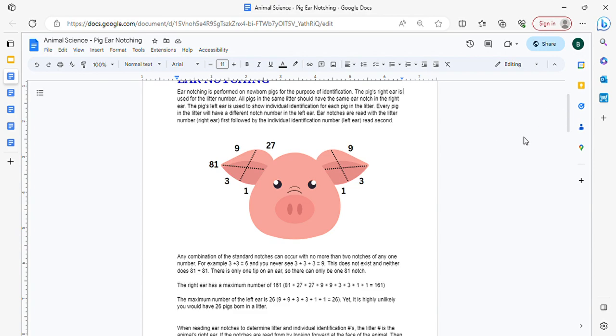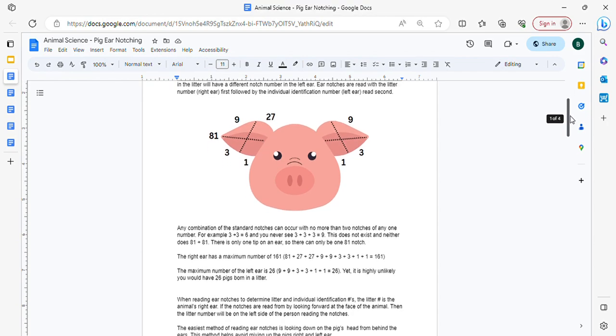There's only one tip of an ear, so there's only going to be 1 notch there. The right ear has a maximum number of 161. If you had 2 notches in every quadrant, and 1 notch on the 81, that's going to add up to 161.